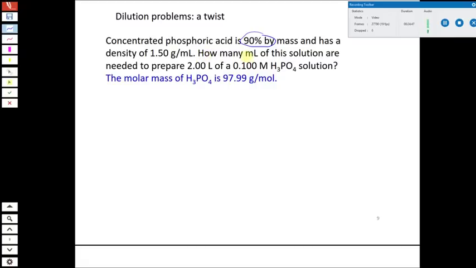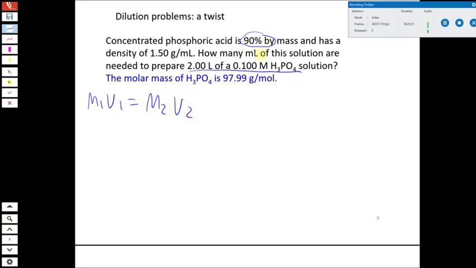We want to know how many milliliters of this solution are needed to prepare 2 liters of a 0.1 molar solution. So we should recognize that this is a dilution problem because we're just taking a substance and changing the volume, changing the concentration. So it's just M1V1 equals M2V2 like before. We're again solving for V1.